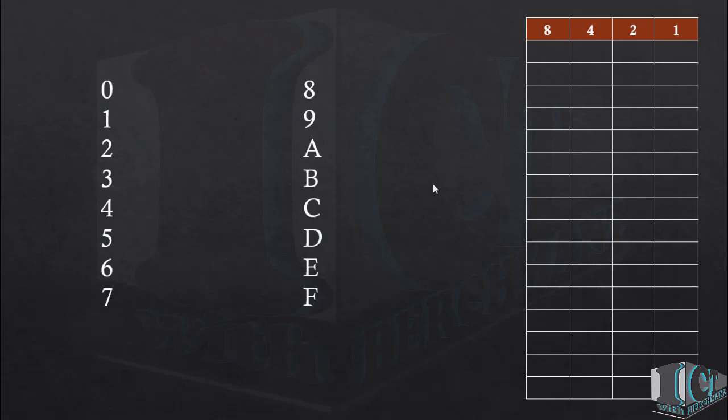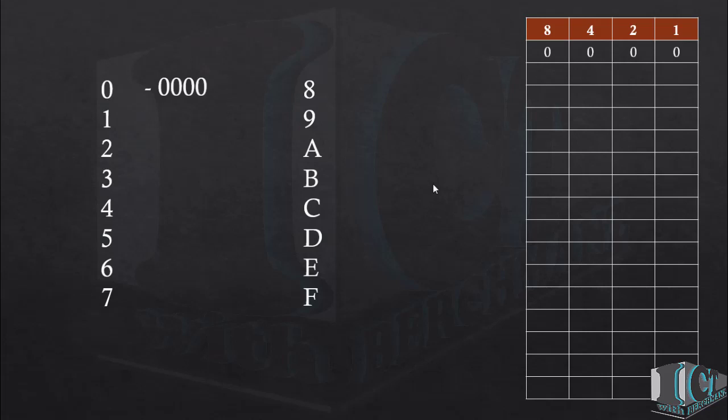Now I am going to have 16 different values. Let's start with 0. Of course, we know there's nothing to add, so all 4 will be 0, and the corresponding 4-digit value for hexadecimal 0 is 4 binary zeros.